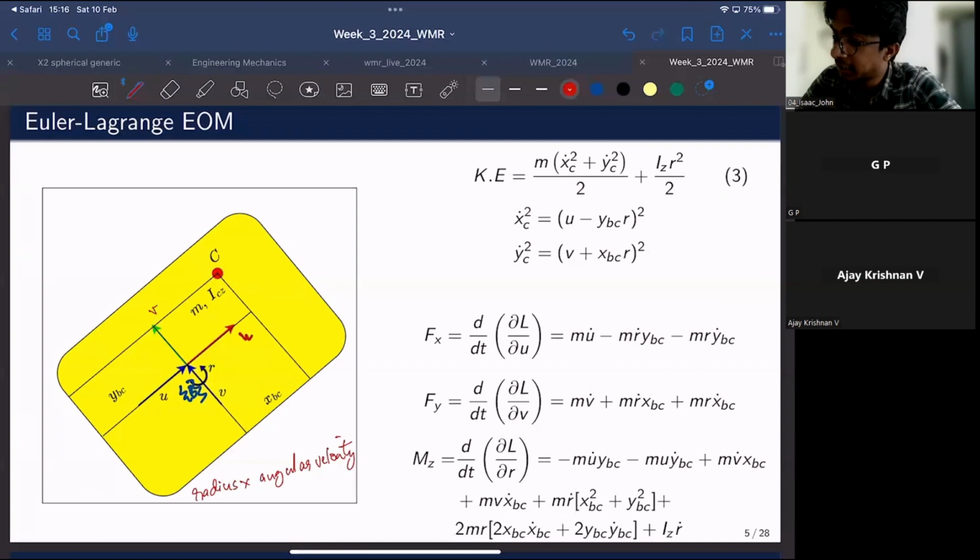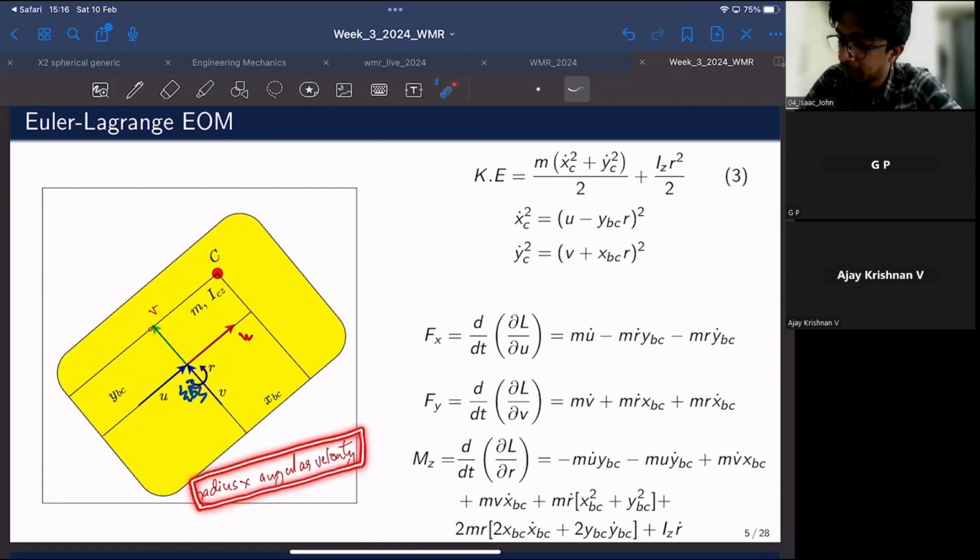And since the radius here would be ybc, and angular velocity is r, the direction of this vector, radius cross angular velocity, would be this. That is why we have a minus sign over here, right?